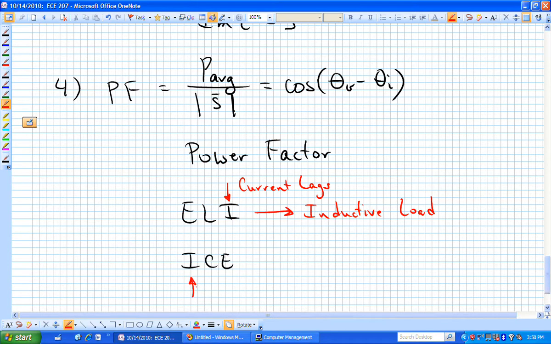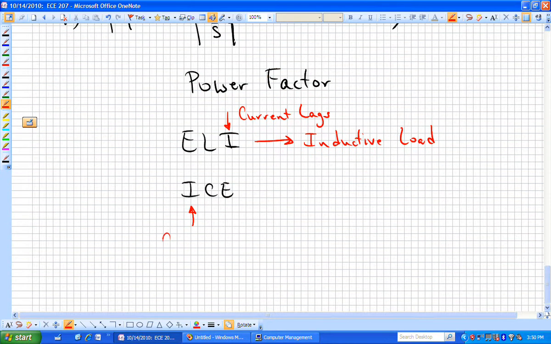And now your current comes in front of the voltage in this expression, or we'll say that the current leads. And that's a capacitive load.